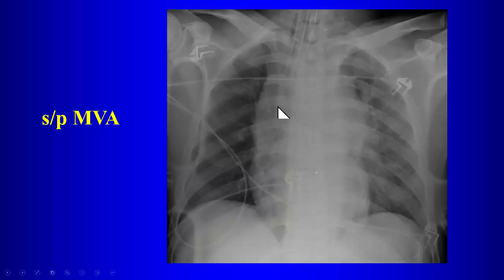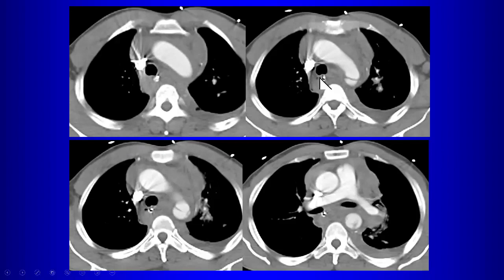There are many causes of widening of the mediastinum, but especially if the aortic knob is obscured and you get widening of the mediastinum towards the left side, then what you're looking at is hematoma in the mediastinum from injury to the aorta, and the term for that is traumatic aortic injury, or TAI.